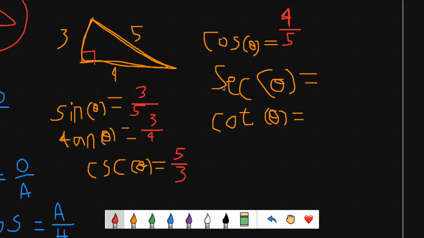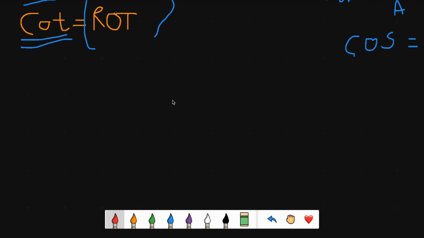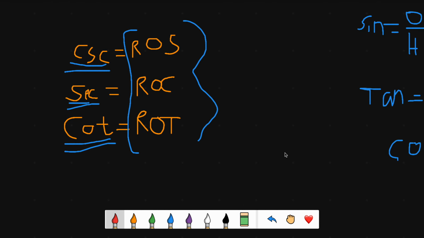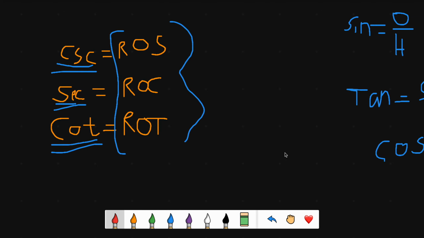Now let's find the secant of this triangle. Secant is Rock, meaning reciprocal of cosine.